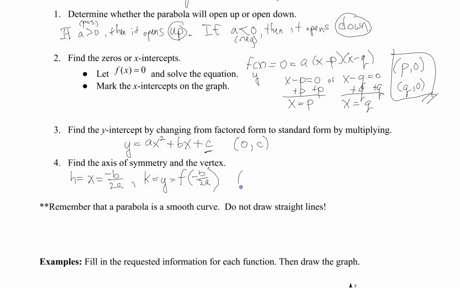So the vertex would be (h, k), and the axis of symmetry would be x is equal to negative b over 2a, whatever that number comes out to be. That's the vertical line that goes through that point.